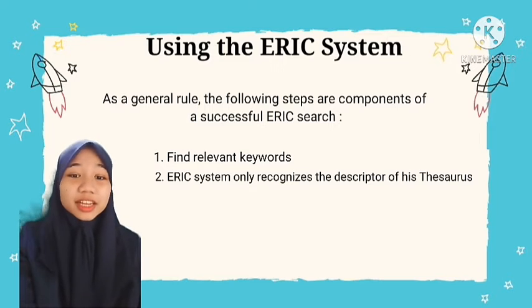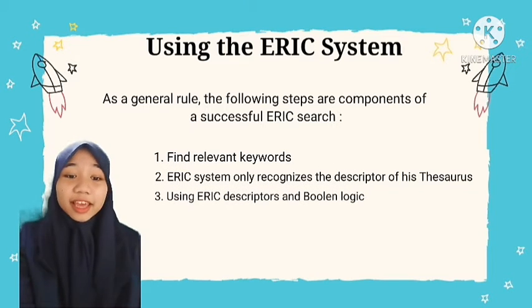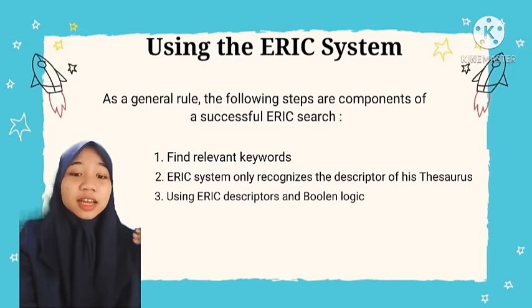The ERIC system only recognizes the descriptors of its thesaurus, so you have to find the keywords used as descriptors. You might need to find synonyms for some of the keywords you have listed. 3. Use ERIC descriptors and Boolean logic. Search and save all references given to any title that might be of use.